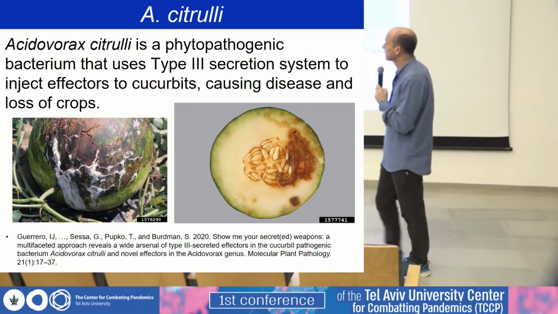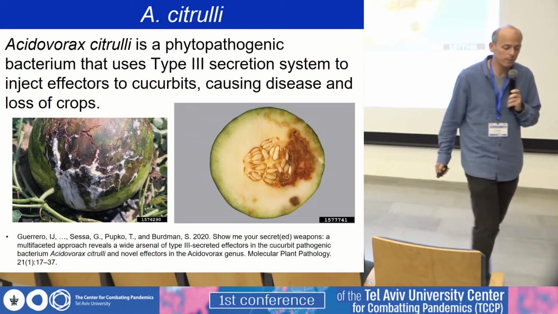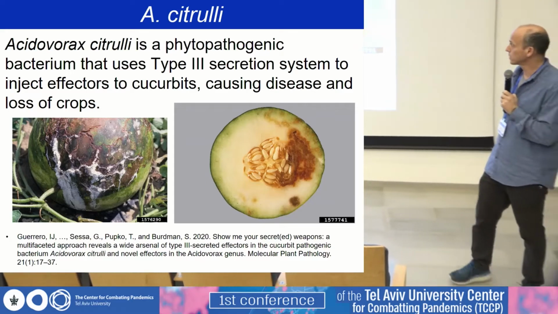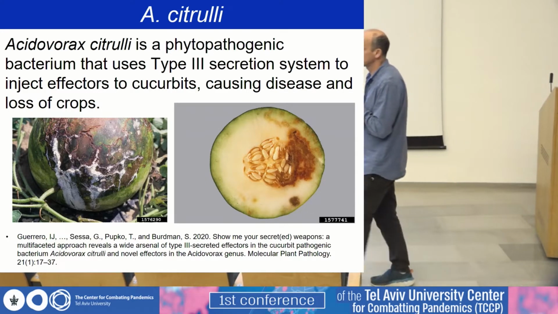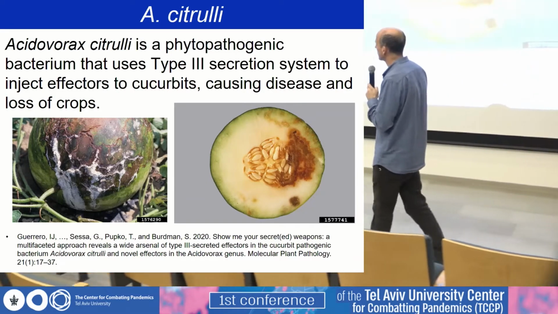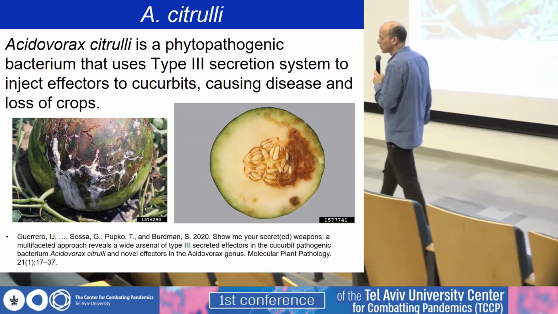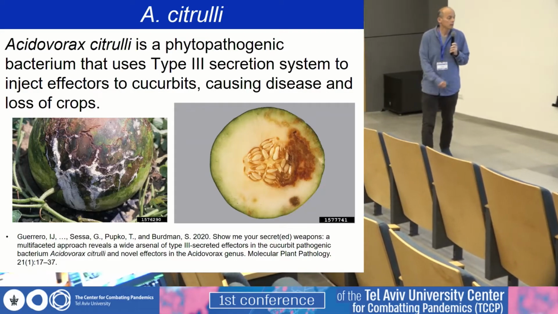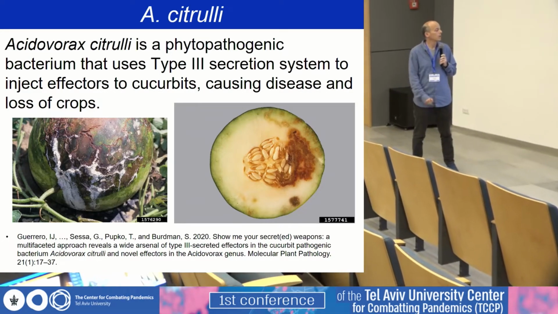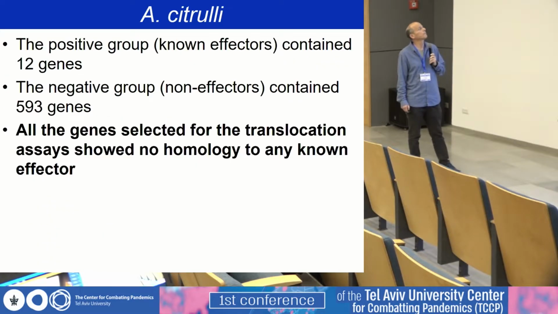So it worked. The nice thing is that we were able to discover effectors in various pathogens. For example, in Acidovorax, a pathogen of melons and watermelons, we were able to experimentally identify, using the machine learning approach, 7 new effectors.